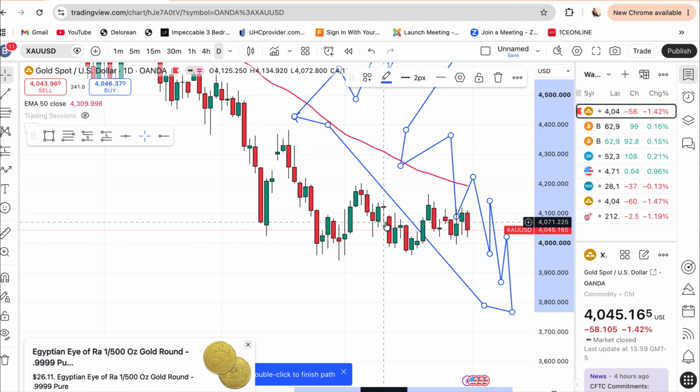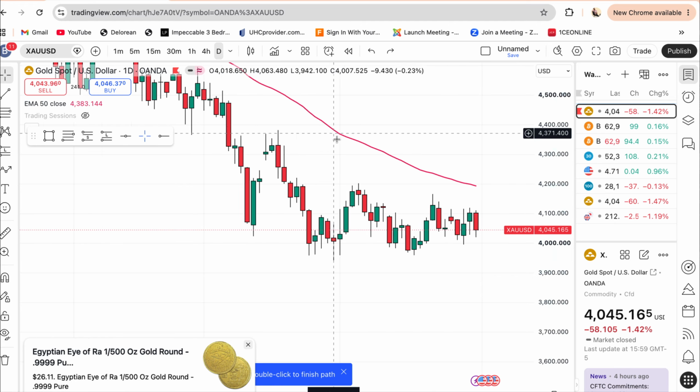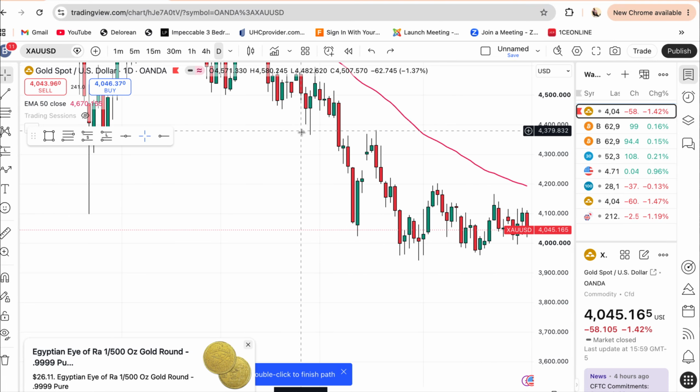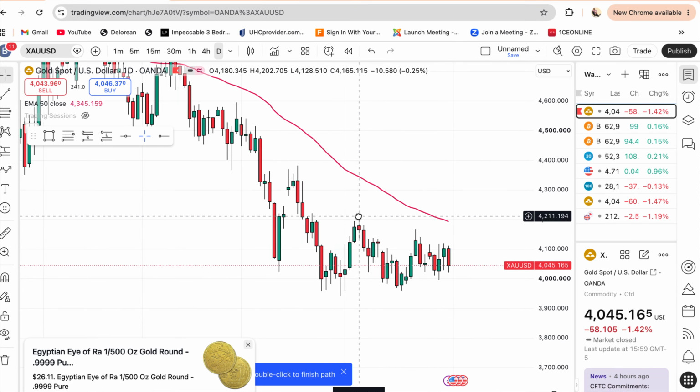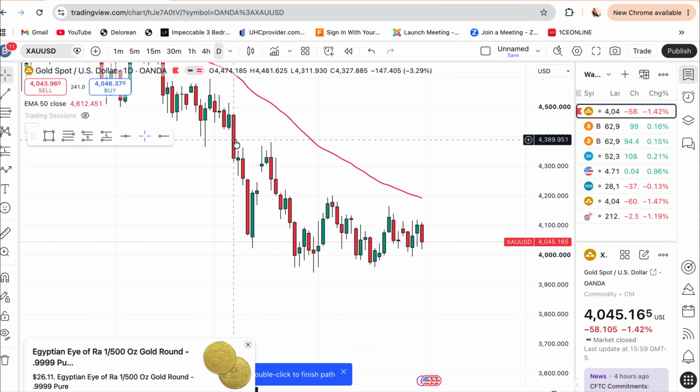Let me change the tool. As you can see right now on the daily, we have price going down, making new lows. So that's going to be your daily bias, or your trend.